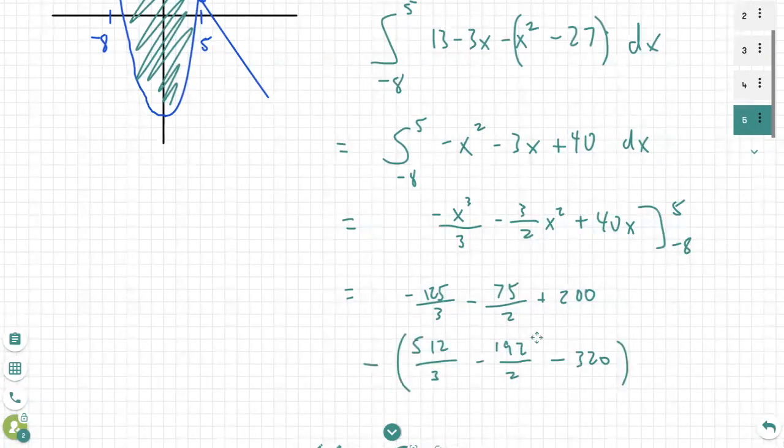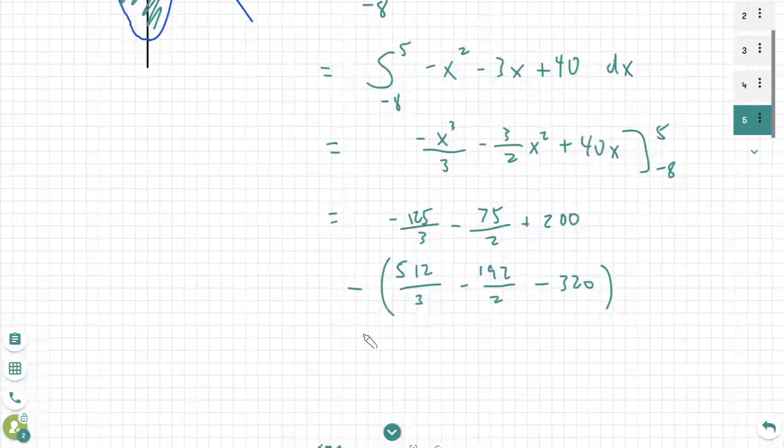Okay, I'm just going to use a calculator for this. What did you get overall? As a decimal, like 366.2. Okay. I'll just use the integral function.